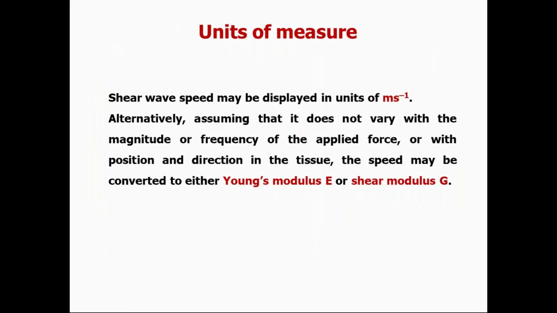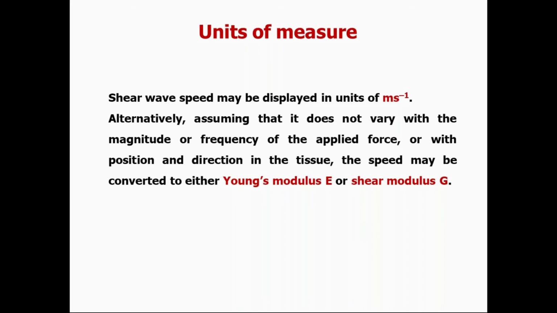The unit of measure that we use, we are talking about elastography in the ARFI method. The shear waves are generated, so there's a velocity of the shear waves in meters per second.